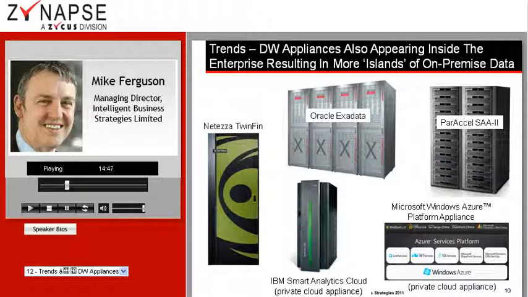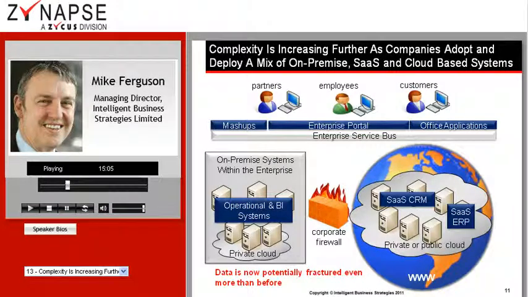And one of the aspects here with respect to master data is, of course, that dimensions in a business intelligence environment are really master data. And so if we've got multiple appliances within our organization looking at different analytical problems, we can even have fracturing of master data across the BI systems within our enterprise.